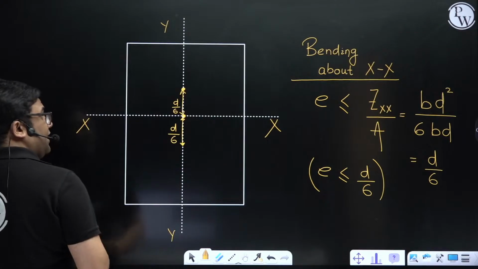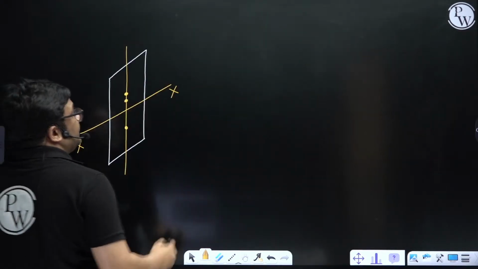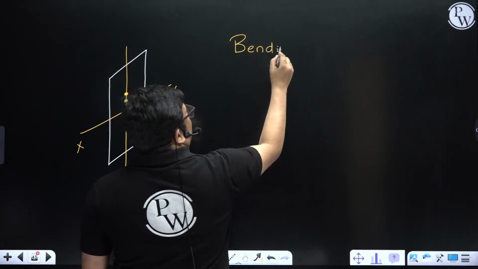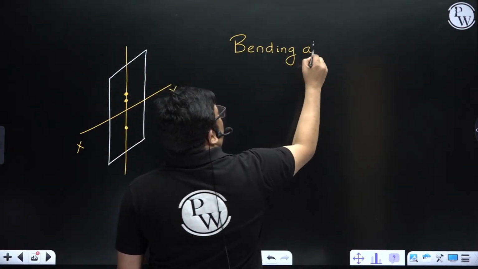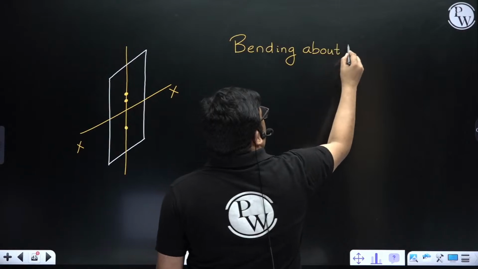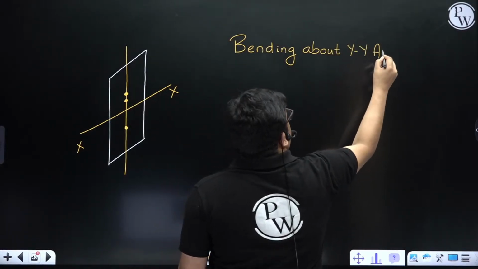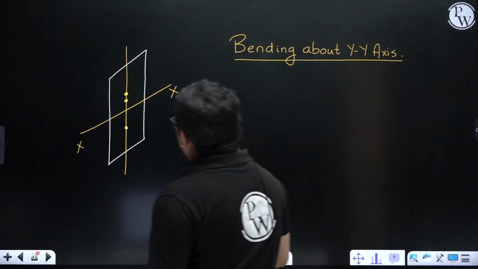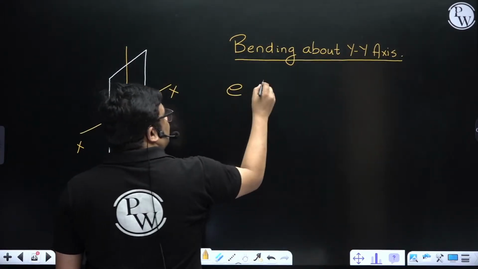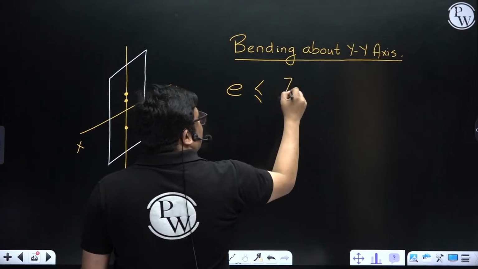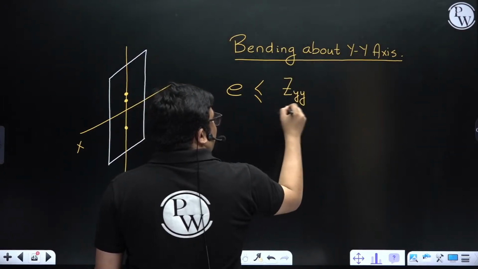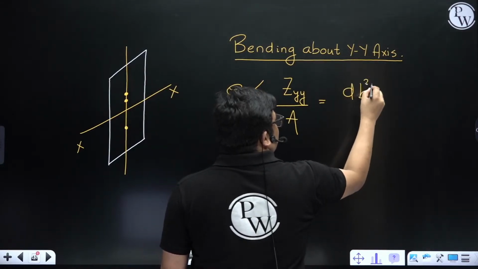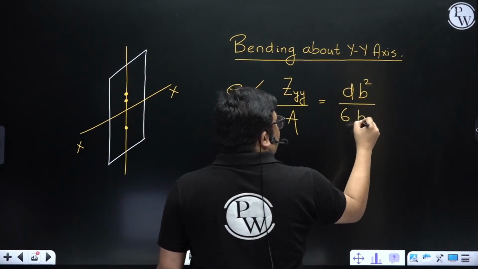Now when I'm talking about bending about the y-axis, e has to be less than or equal to Zy by A, and Zy is DB square by 6.